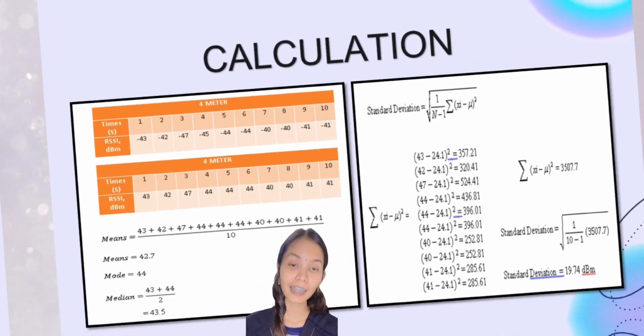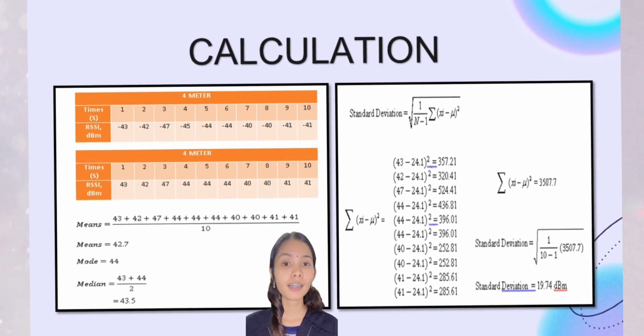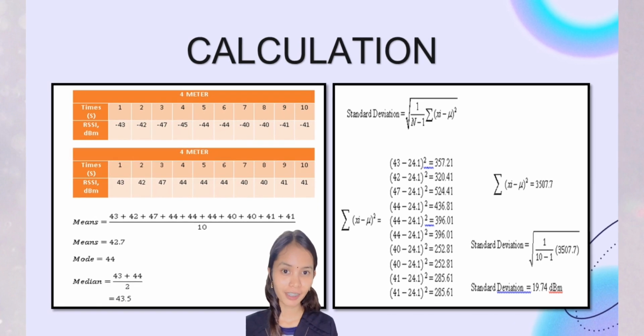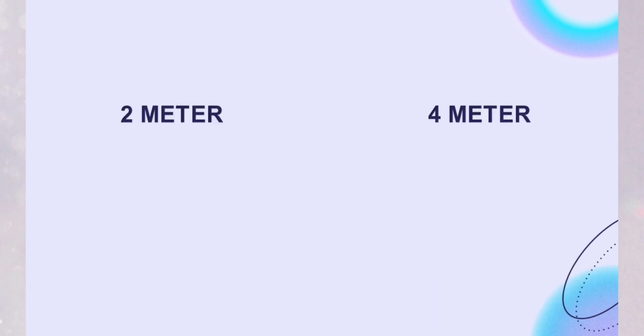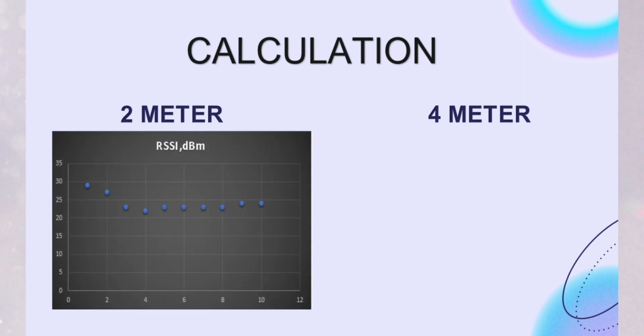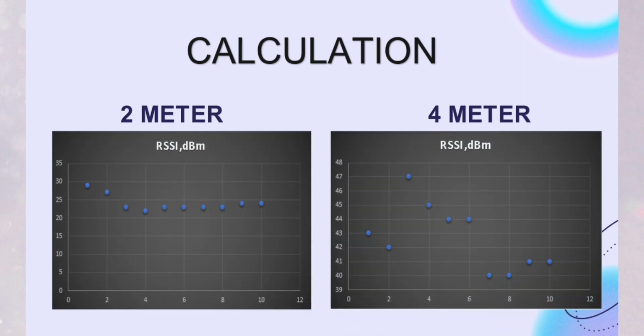Whereas for the 4 meter calculation, the mean I got is 42.7, the mode is 44, and the median is 43.5. Lastly, the standard deviation is 19.74 dBm. Now let's have a look at the graphs for 2 meters and 4 meters. The flow of the graph is like a mountain, going up and down.